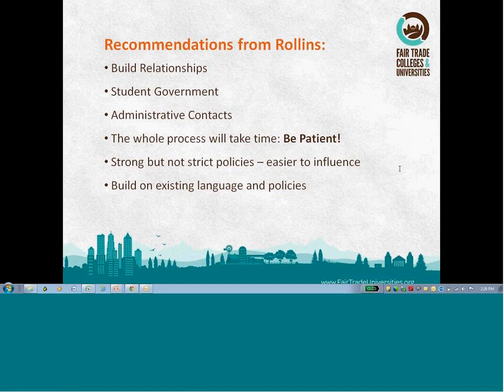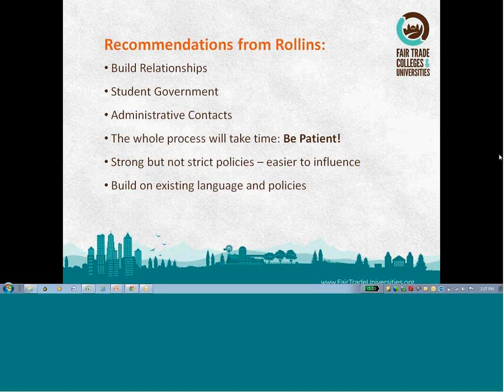But eventually we were able to reach an agreement, so to speak, with the purchasing policy, and then also having our resolution that we put together for signature by our Vice President of Business and Finance. One of the main things I want to mention is patience is something that you really have to have with all of this.